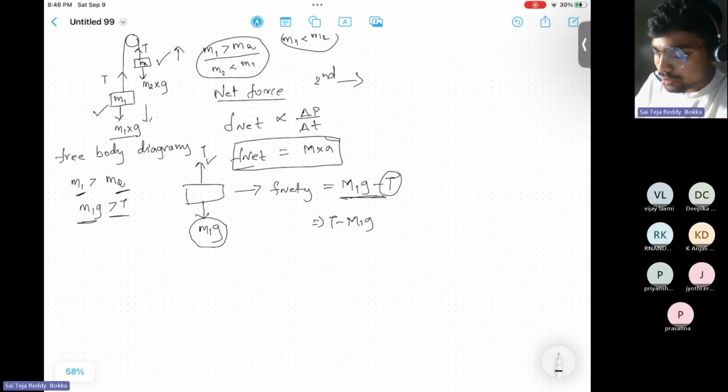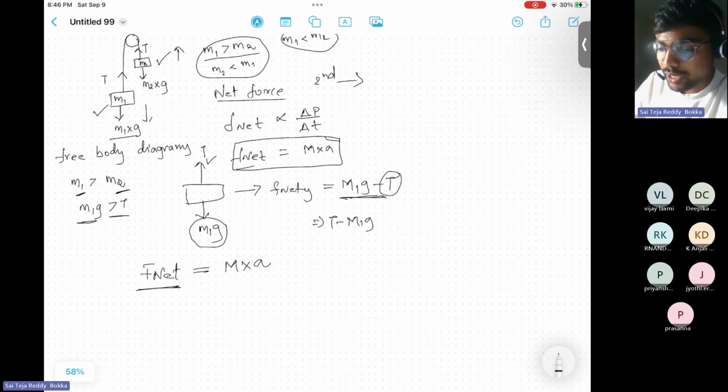So F net. According to the second law of motion, net force is equal to mass into acceleration. So the net force along with the vertical component, we are having M1G minus T is equal to, what is your mass now?